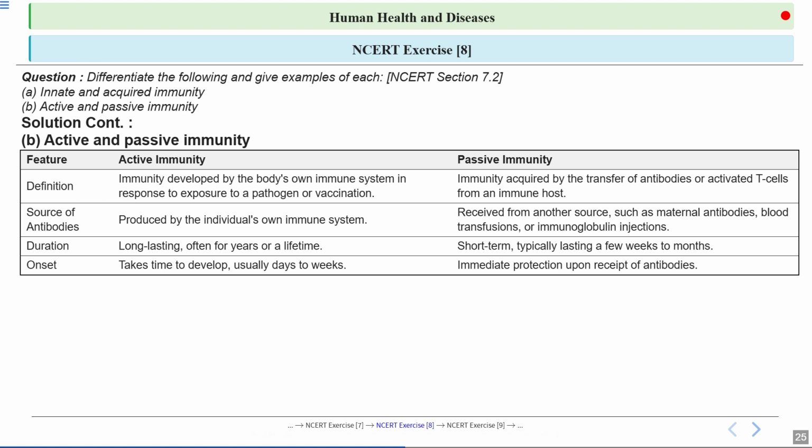Antibody injection can also be given, such as during a snake bite. So here you are directly injecting ready-made antibodies into the host or any individual. It is short term, typically lasting a few weeks to 2 months, but it gives immediate protection to the recipient. So these are the differences between active and passive immunity.